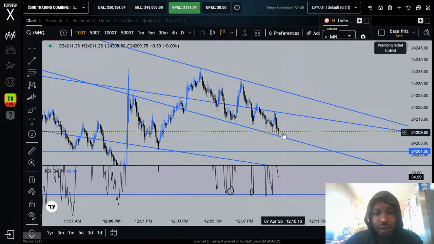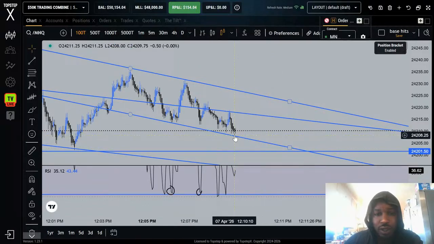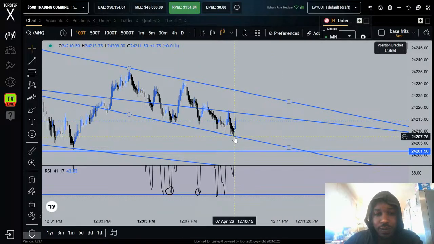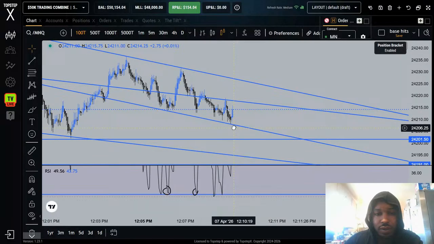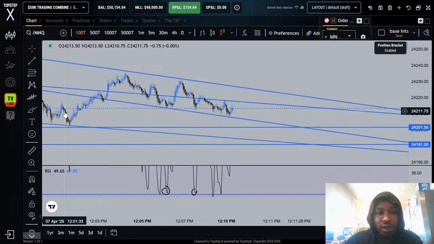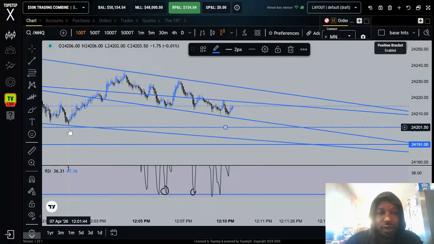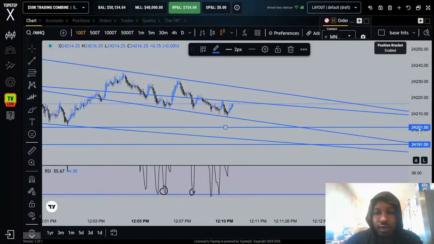So we wait for this fifth point on the channel. We wait for it to fake out the shorts, catch that liquidity grab. Where's the nearest liquidity grab? Over here would be right here, this low at 24,201.50.